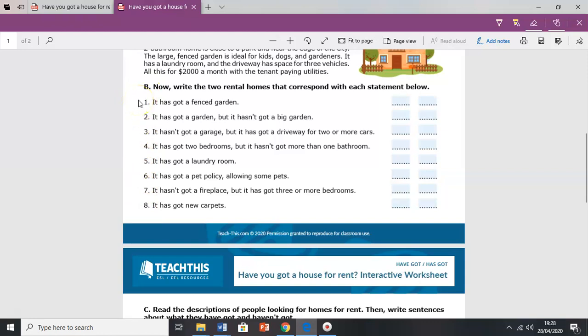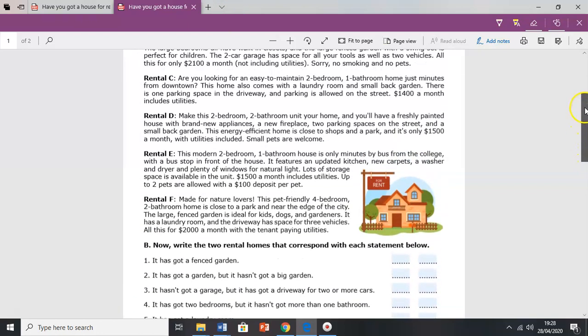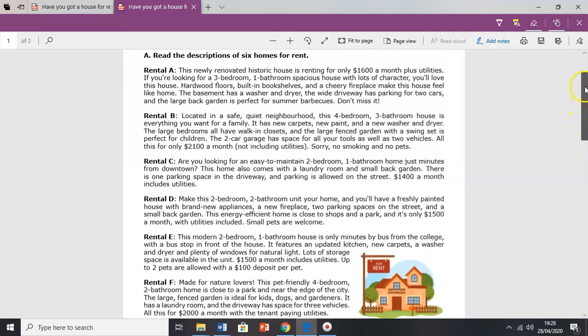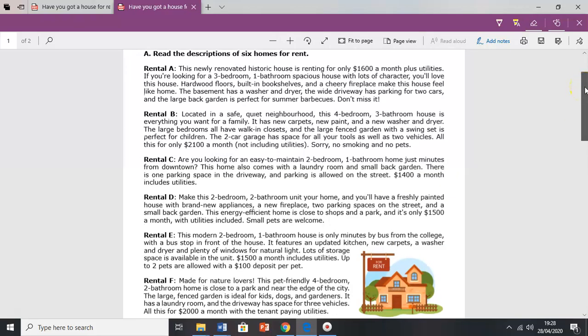So, as I said before, if this was real life and you were looking for a house, when you looked at these 6 paragraphs, let's say you have your budget. We'll say $1,200. This is my budget. So, I would have a look at the first one, very quickly. Can I see any money? Oh, 1,600. Forget it. No good. Next one. Money.